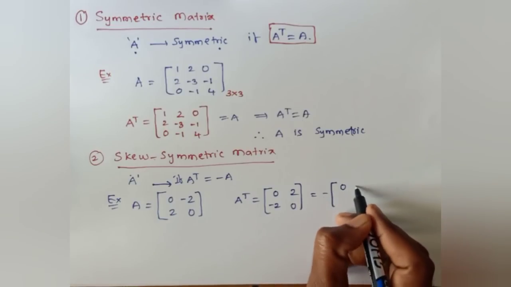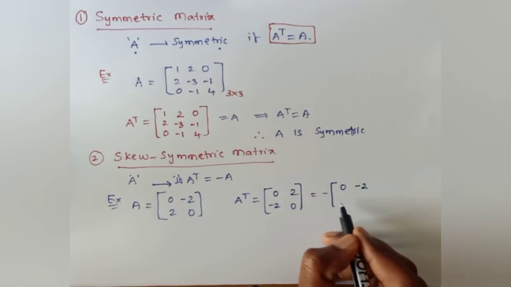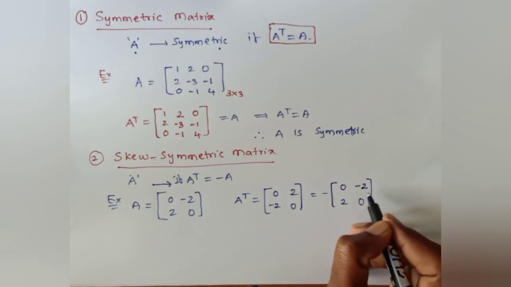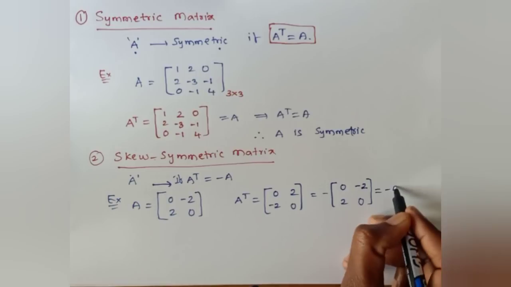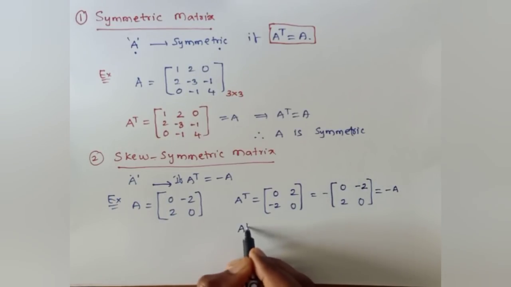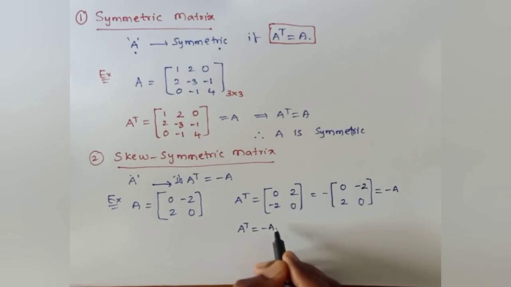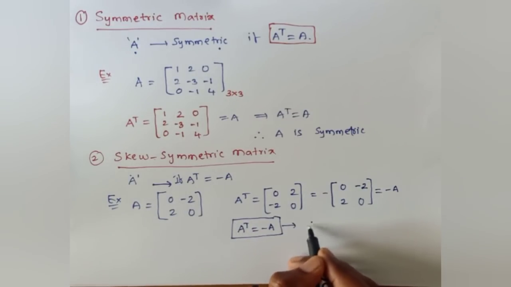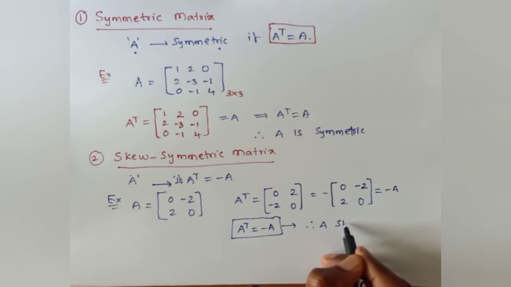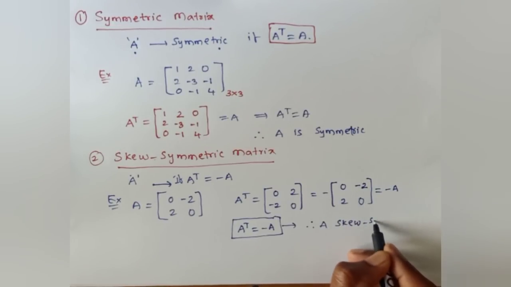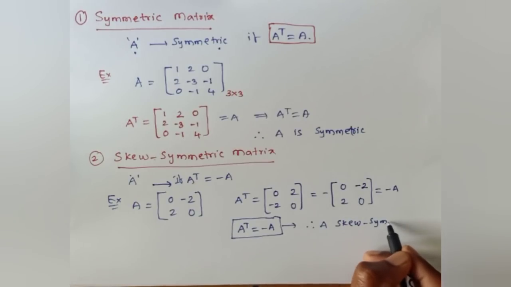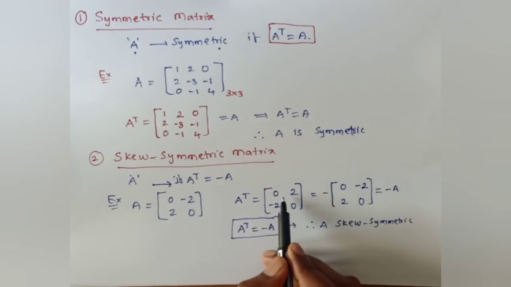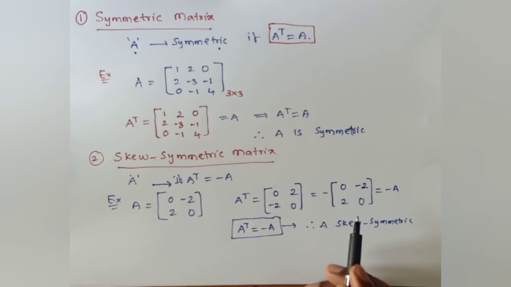So minus is common, then the rest of the elements are minus 2, 2, 0. So this is equal to minus A. So here A transpose is equal to minus A. Therefore, A is skew symmetric. By taking a negative common from this, we get this matrix.